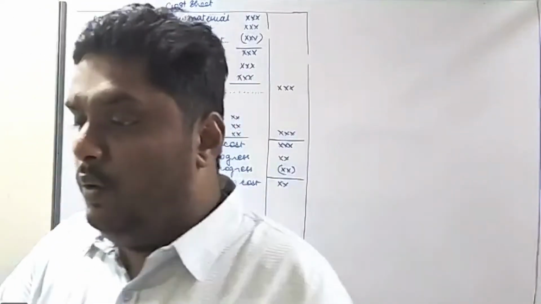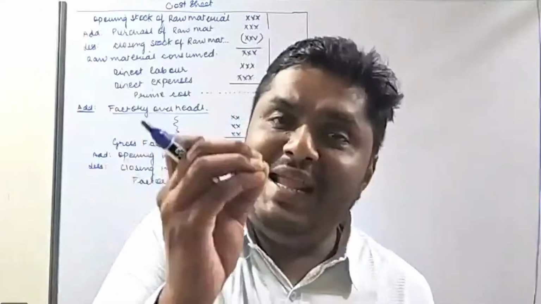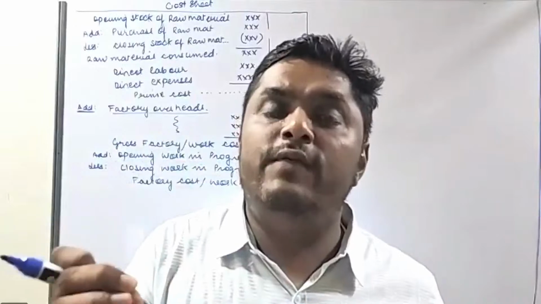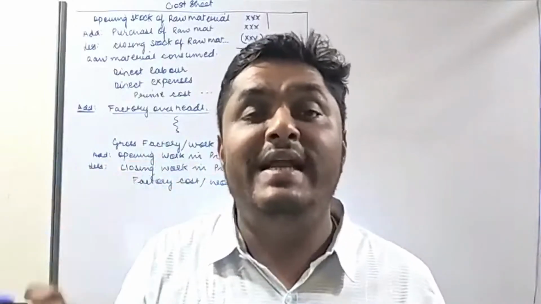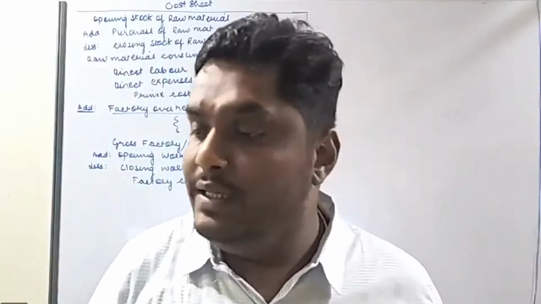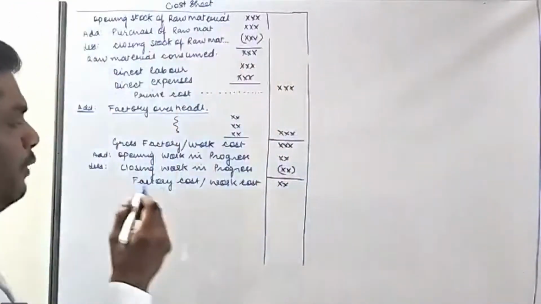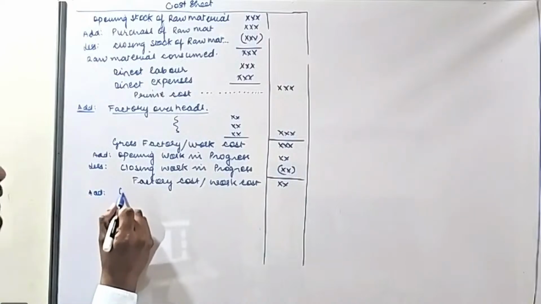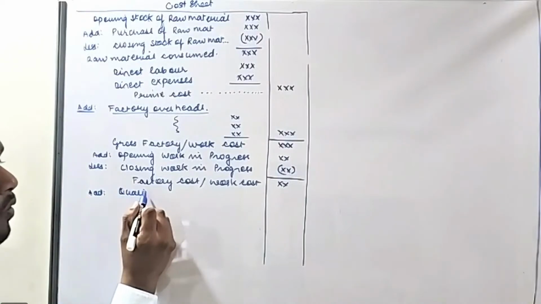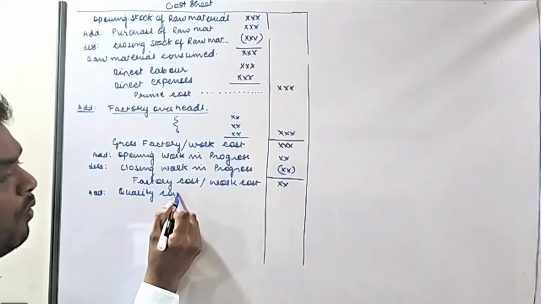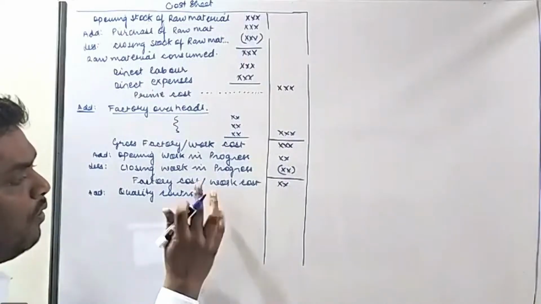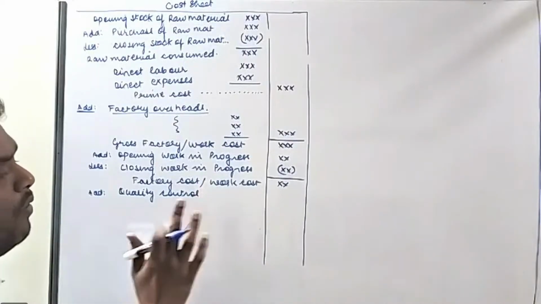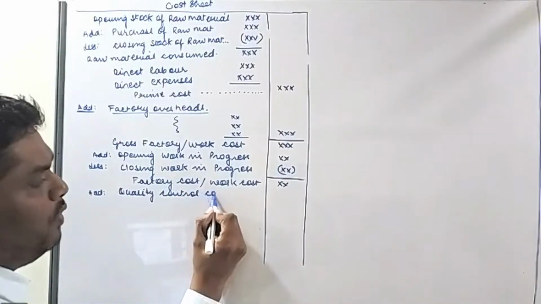Now, guys, after calculating the factory cost and work cost, there are a few items that need to be added to calculate the cost of production. Very important points, guys. First one is quality control cost.